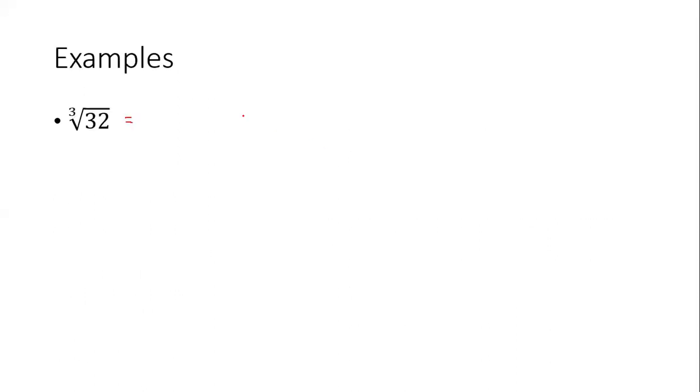Tanong. Ano po ba ang exponent ng 32? Hindi po ba 1? Okay. At ang 1, syempre, ay mas maliit or lesser ang value kaysa sa 3. However, pwede pa pong i-simplify yan.